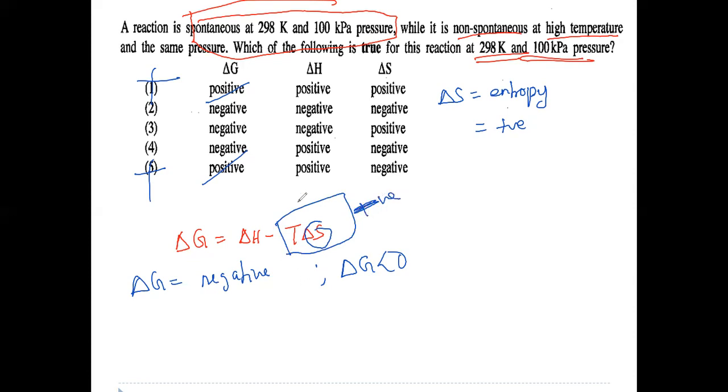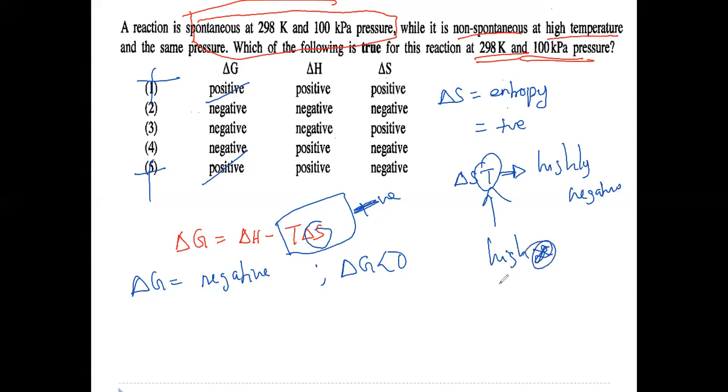But they say at high temperature this is a non-spontaneous reaction. When the temperature and the entropy are combined, according to your information, your T delta S term should be highly negative. But they say at high temperature, so your temperature should be high. So that is also not possible.